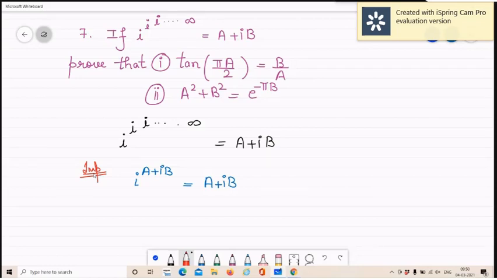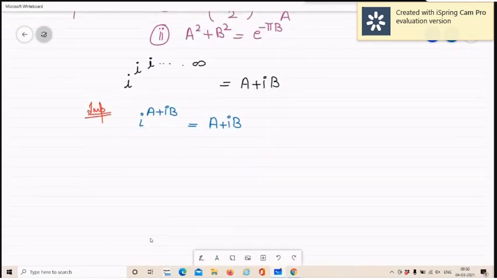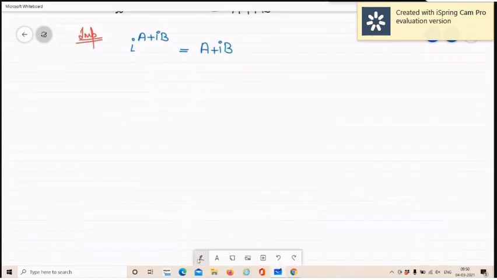Similarly, now in complex numbers, what is the variable? My i. So whenever you see a complex number raised to a complex number, you have to take log on both the sides. Is it understood? So now onwards, whenever you see complex number raised to complex number, you are going to take log on both the sides.